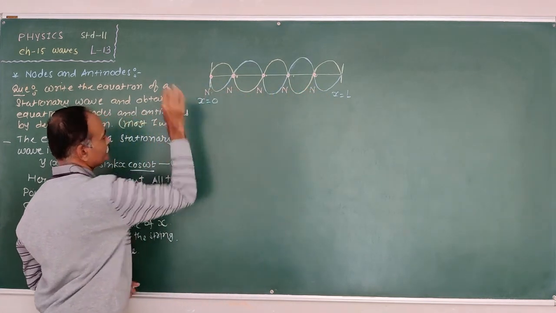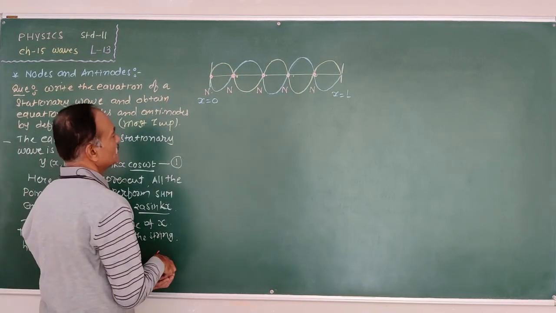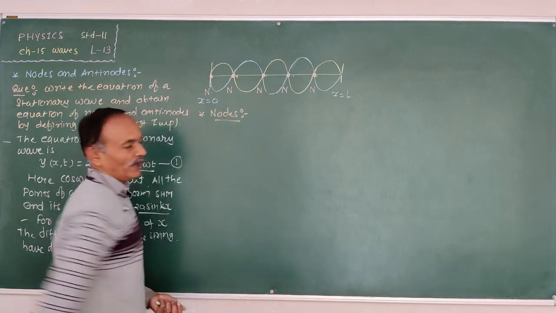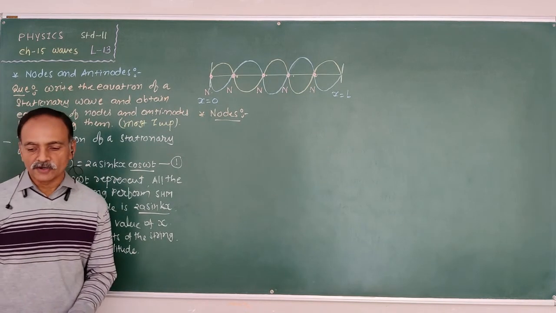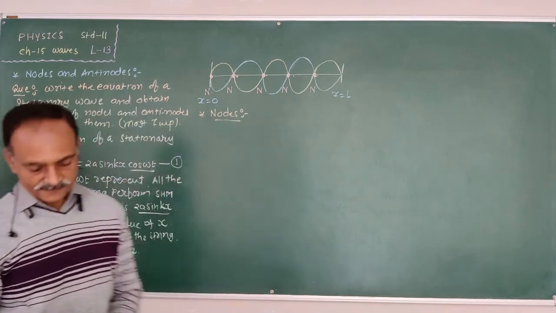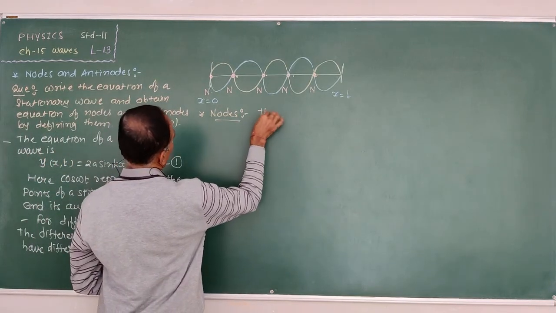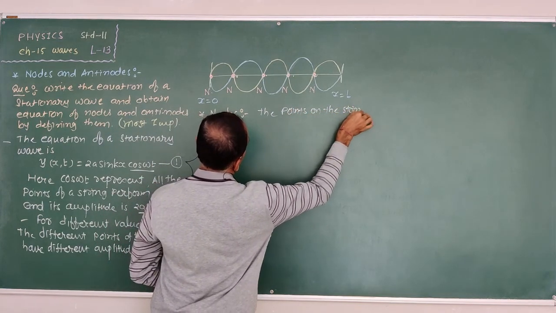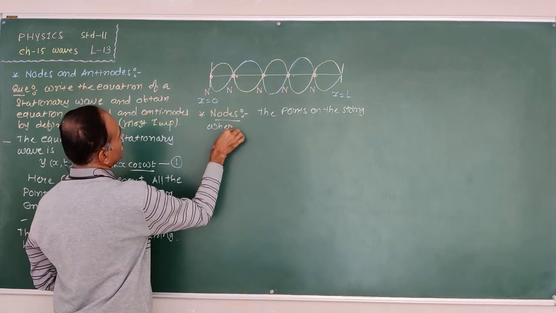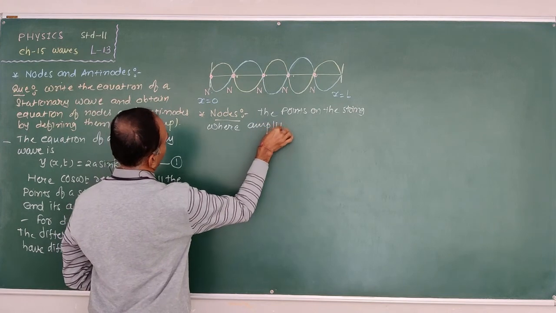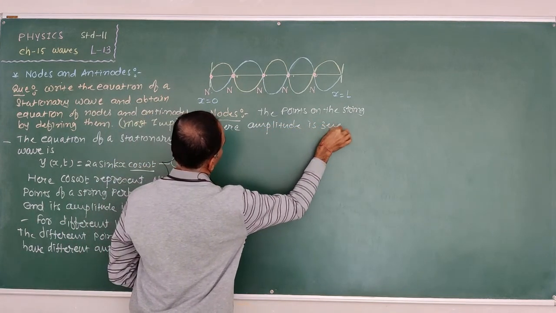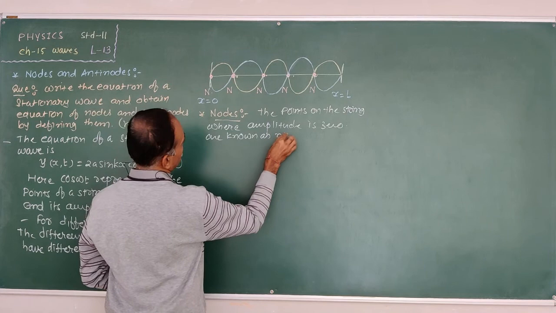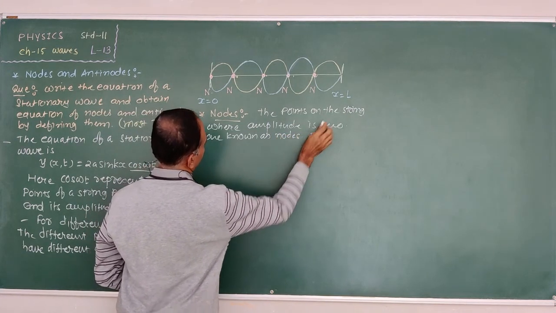Now the definition: the points of the string where the amplitude becomes 0 are known as nodes.